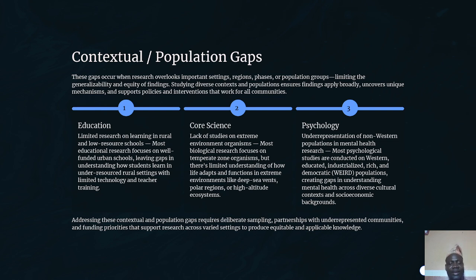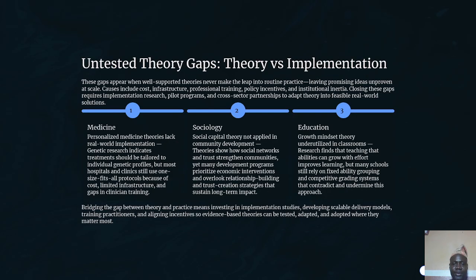Along with other things, reflect the genuineness of the results of the findings. So the context and population gap requires deliberate sampling, partnership with underrepresented communities, and funding priority that supports research across varied settings to produce equitable and applicable knowledge.